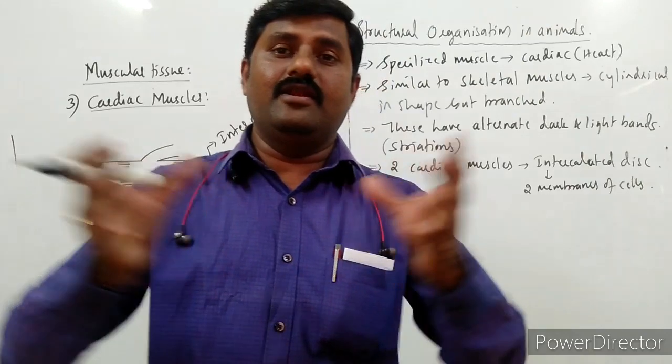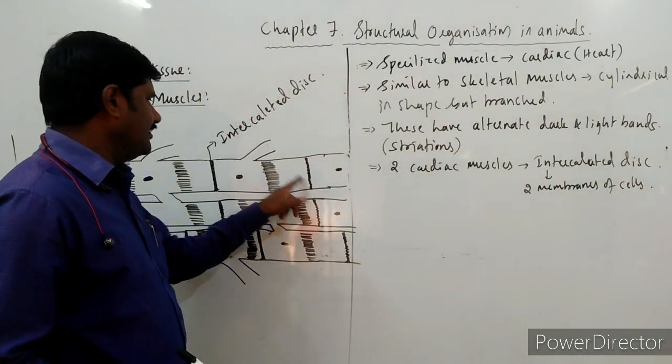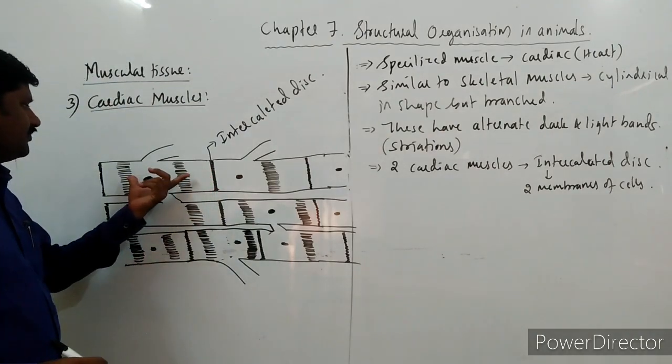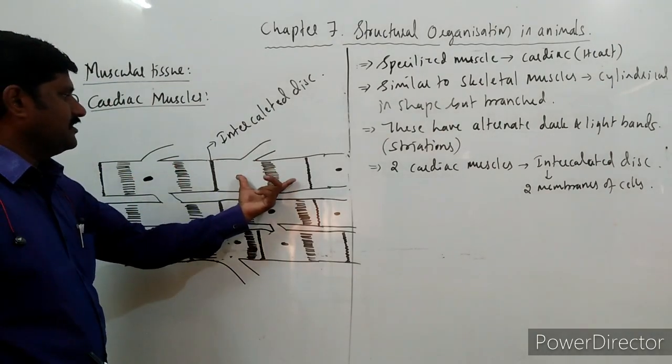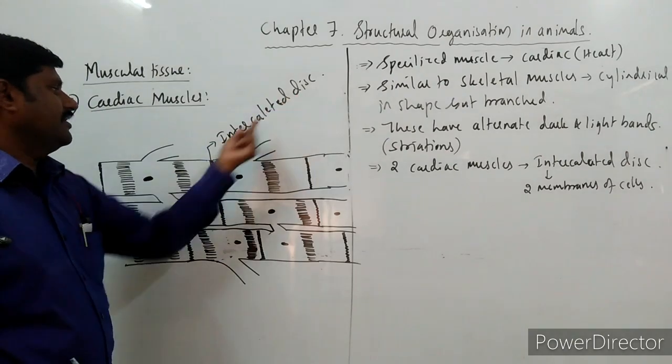So forming an elongated structure. See here, the intercalated disc is here. Here is also. This is one muscle fiber. This is another muscle fiber. Both the muscle fibers are bound with the help of the intercalated disc.